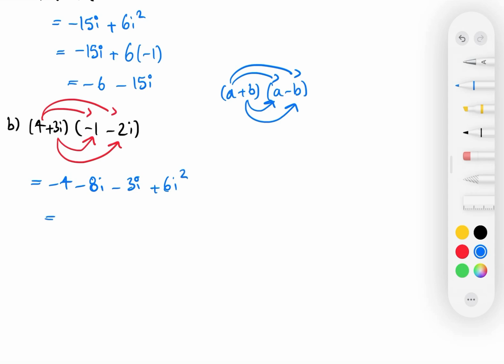That's going to leave you with essentially -4. The 8i minus 3i is going to give you essentially 11i plus 6 times i squared, which is 6 times -1. So you're going to have -6 minus 4, that's -10 minus 11i. All right. So these are basically the simple steps that you can take to do these.